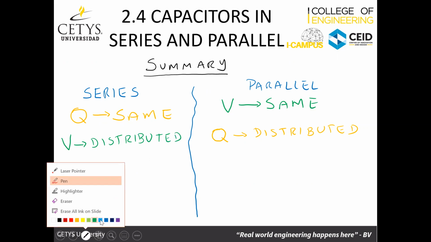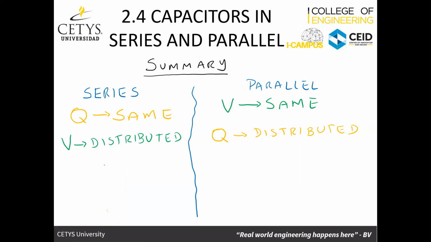And lastly, the capacitance in series is a reciprocal. 1 divided by the total capacitance is going to be the sum of the reciprocals. In parallel, the total capacitance is going to be equal to the sum of each of the capacitances directly.